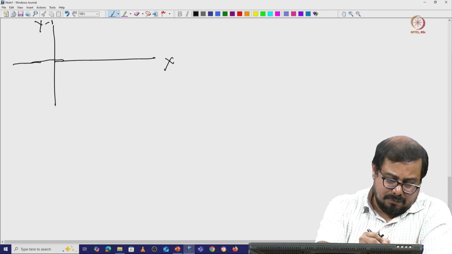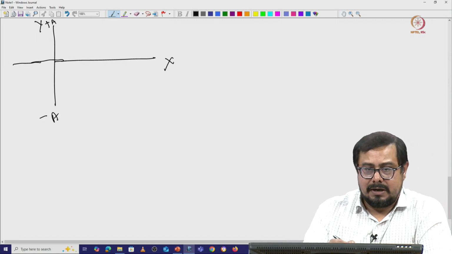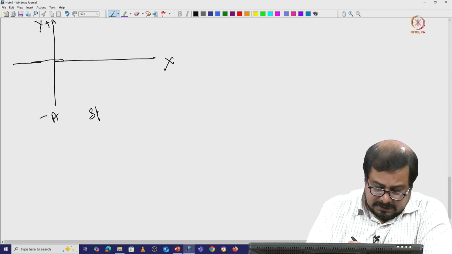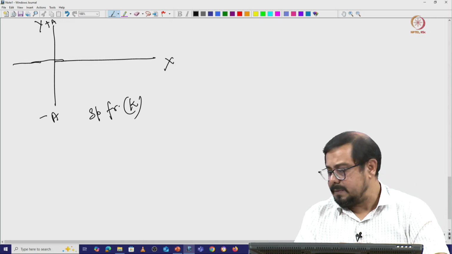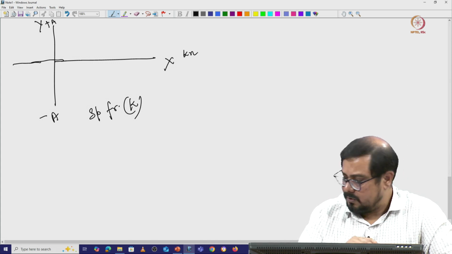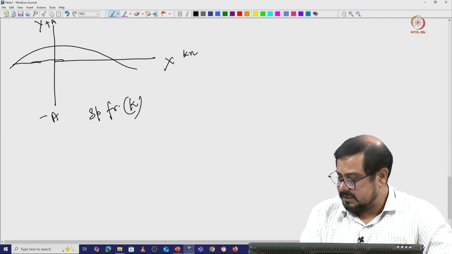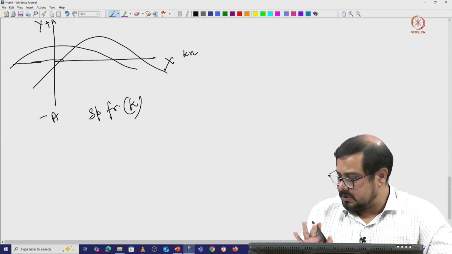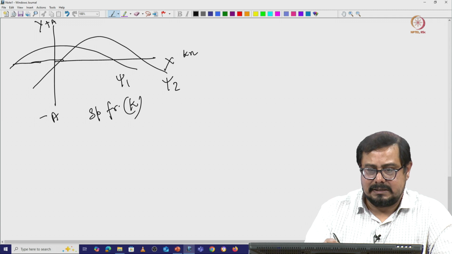This will be the plus amplitude, and this will be the minus amplitude, and we can also consider this our spatial frequency, which we denote by k. So here this will be kx, the spatial frequency, and we have one wave like this and another wave like this. There are two waves coming: this is wave 1, and this is wave 2.